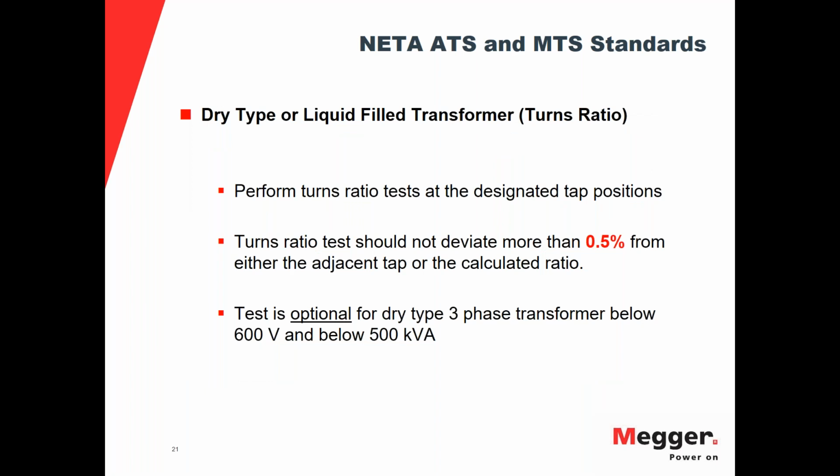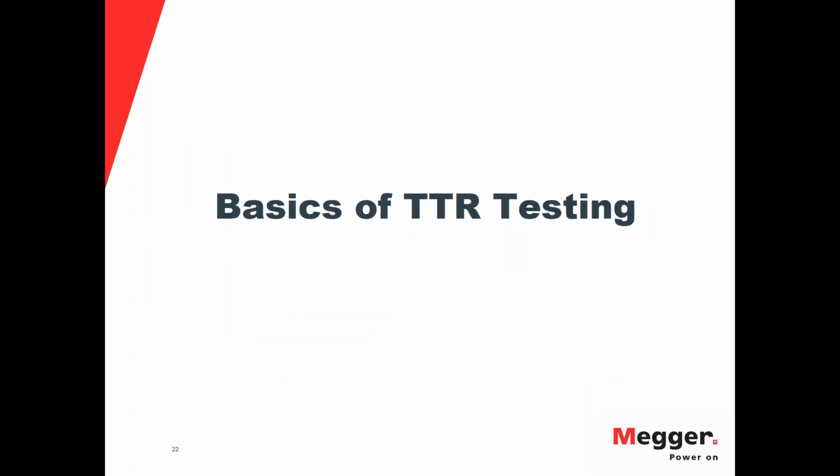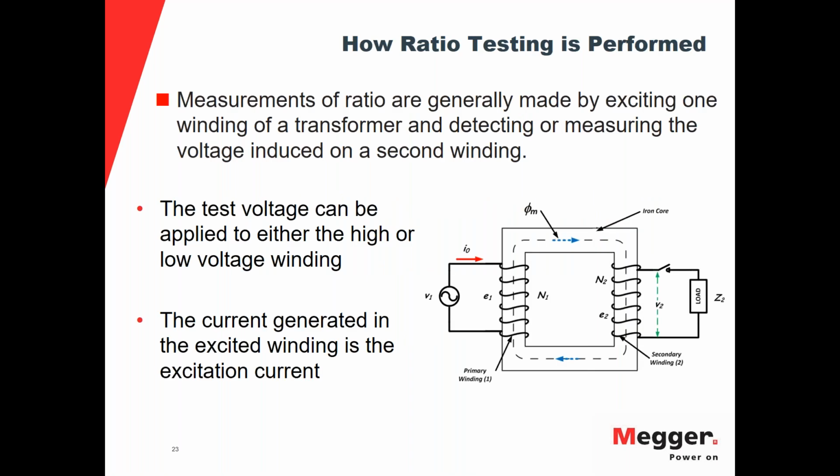They also note that there's an optional test on smaller transformers that are below 600 volts and maybe below 500 kVA. So if we look at the basics of TTR testing, how do we do that? Again, we apply a voltage on the primary side, and we measure voltage on the secondary side. For this presentation, a primary and secondary can have different configurations.